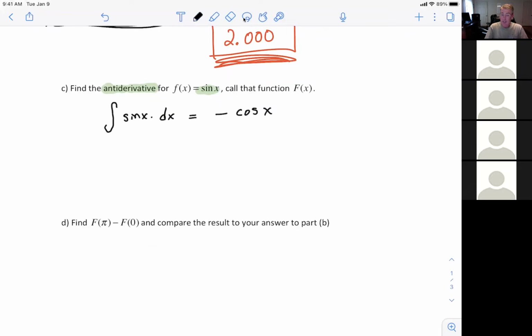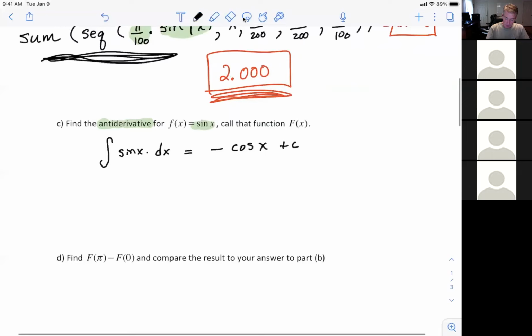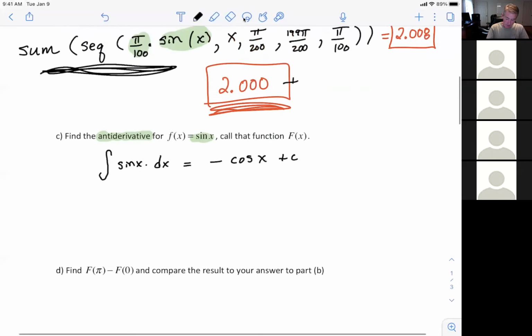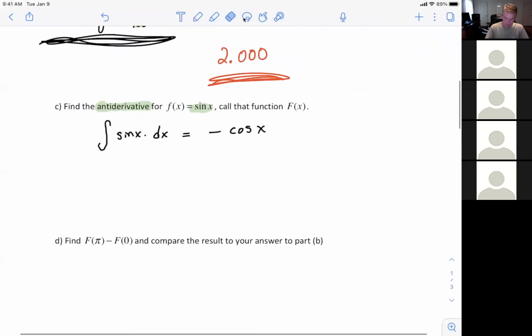So to get rid of that negative, you just put that the answer is negative cosine. Now, usually you put a plus c, but if you have numbers to plug in, you don't need a plus c. So for example, the area is not 2 plus c, it's just 2. So we don't need the plus c. So that's going to be what's called the capital F, or the antiderivative.